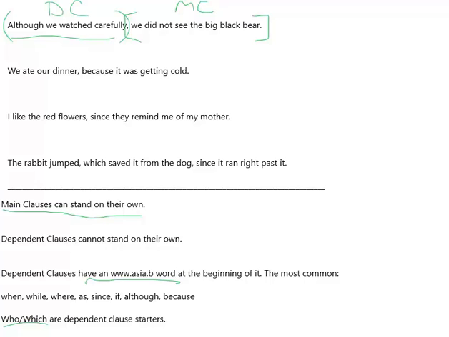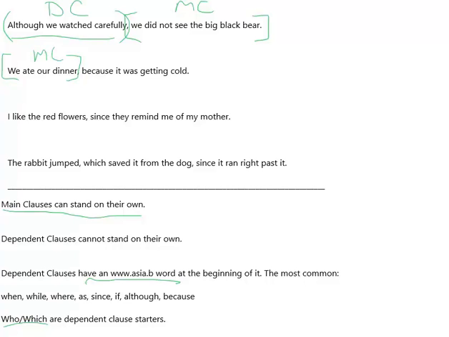Let's look at the next sentence. We ate our dinner because it was getting cold. All right. What part is a main clause? What could stand all by itself? We ate our dinner, or because it was getting cold? Well, we ate our dinner is our main clause because it can stand alone.